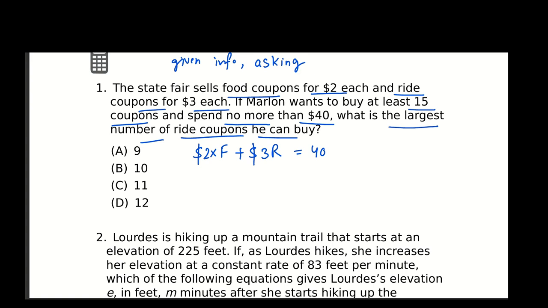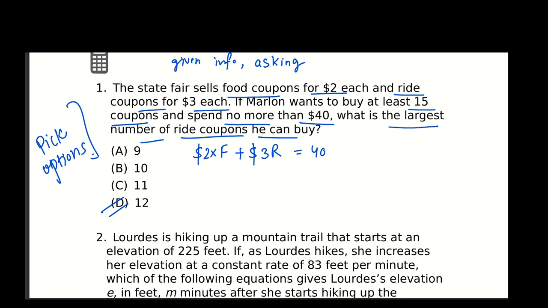So what we are going to do here is pick numbers, or pick the options that are given here: A, B, C, D. If we go with the largest number, the D option, we have to put it there.